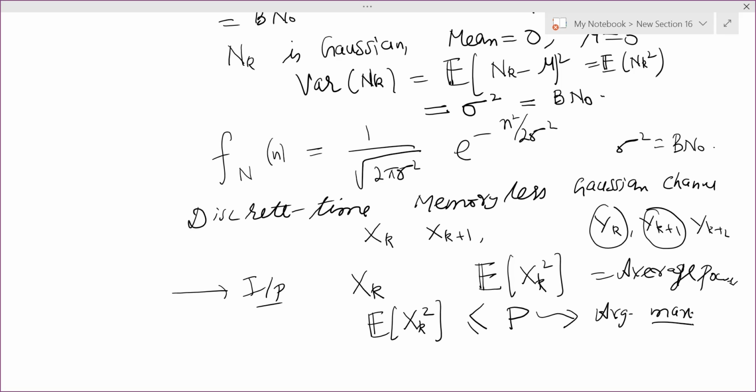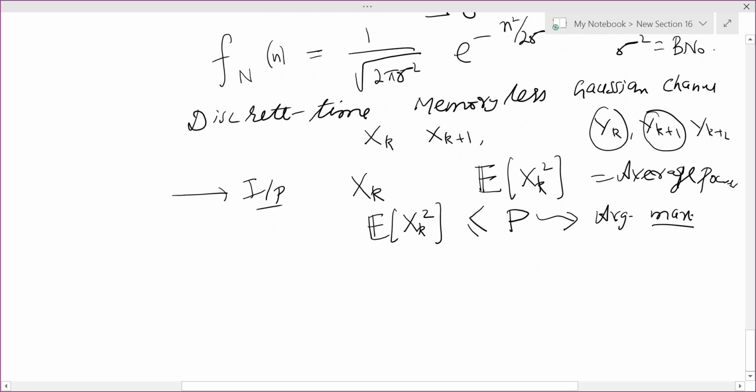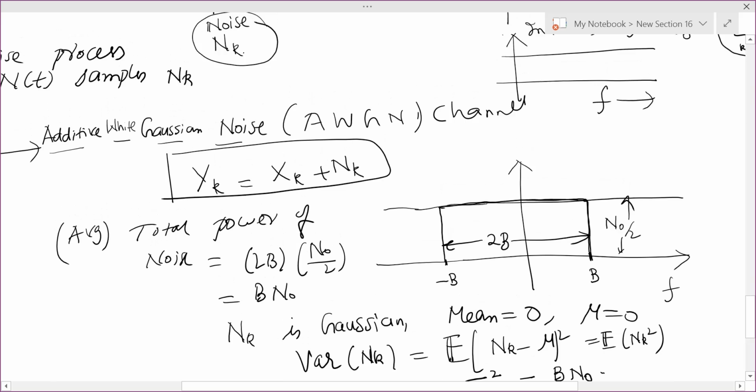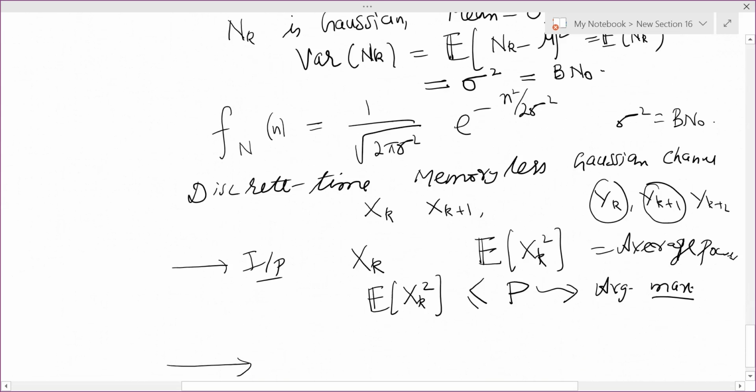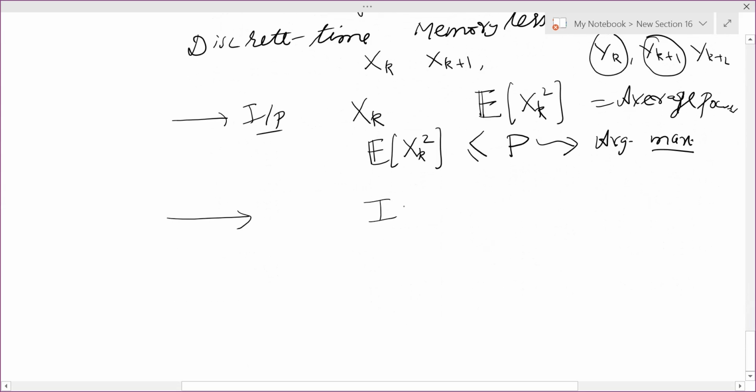Now comes the question: what is the rate of information flow? In other words, in this channel model where the noise is additive, xk is input, yk is output, what is the mutual information between xk and yk? Definitely you will write I of xk; yk, and you want to maximize it. With respect to what can you maximize it?